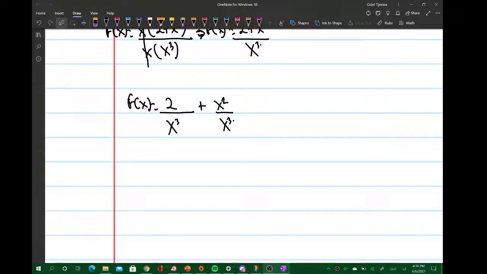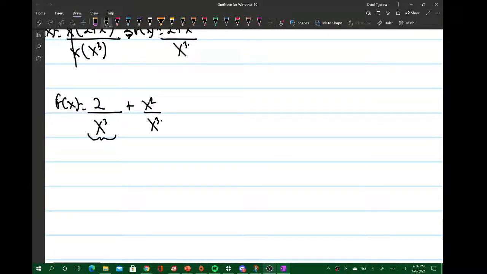And then you ask yourself, well, you're still wondering how is that any easier, right? If you look at this right here, remember how I said in college algebra that x to the negative n is always 1 over x to the n.